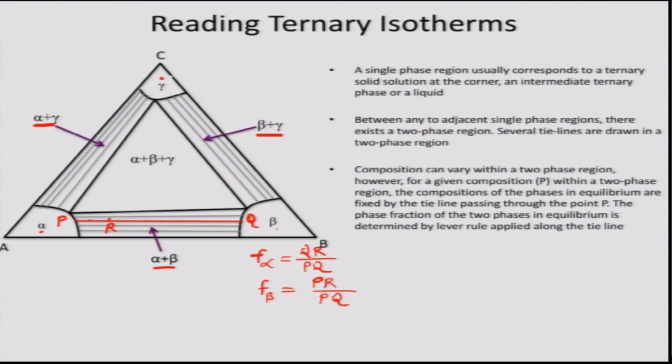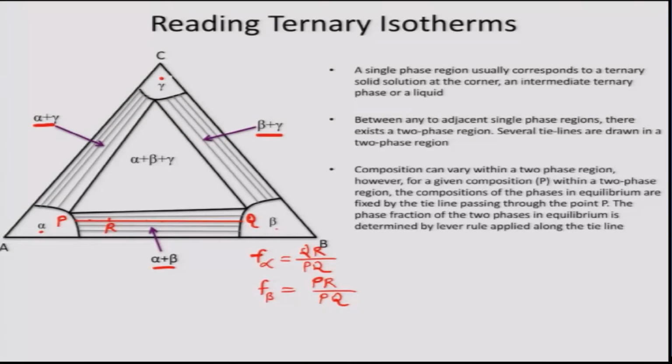Now, when I consider a binary phase diagram, at a given temperature I can draw only one tie line, but on a ternary isotherm I can see there are multiple tie lines in the same two phase region.